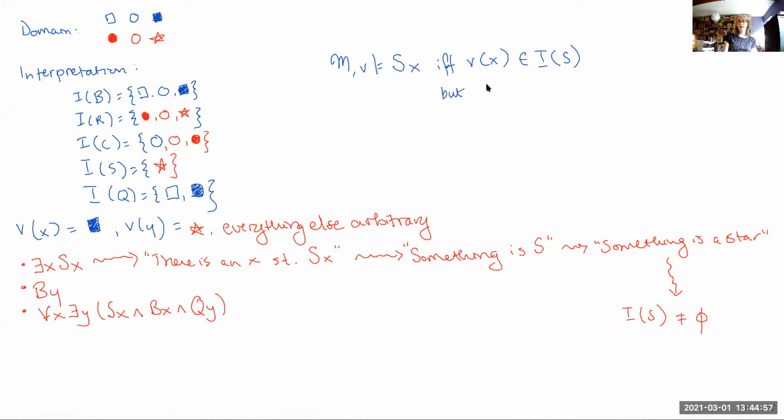So what we could say is the blue square is not in the interpretation of S. So this formula, Sx, is not true. You might be sitting here thinking, but wait, we just said, so long as the interpretation of S is non-empty, then there is something that is S.